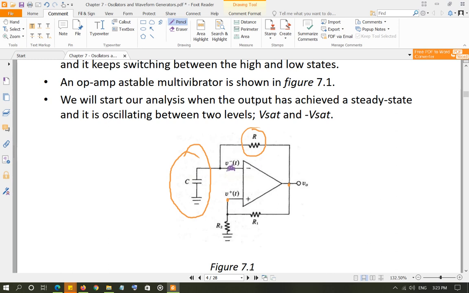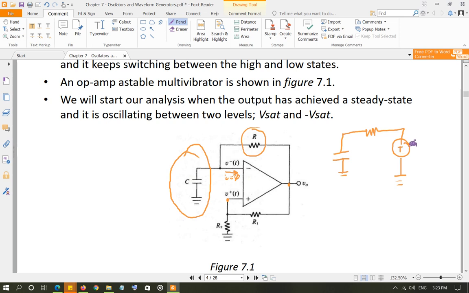Why? Because we know that no current goes into the terminals of the operational amplifier, so this is 0. Basically, the capacitor, resistor, and the output voltage appear in series with each other, and we are going to discuss how the voltage across the capacitor is going to change with this circuit.